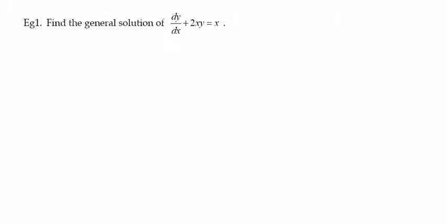So here, in front of your y, we have 2x. That means this integrating factor can now be obtained by using base e to the power of the integral of this dx. And we can integrate this. This turns into e to the power of x squared.